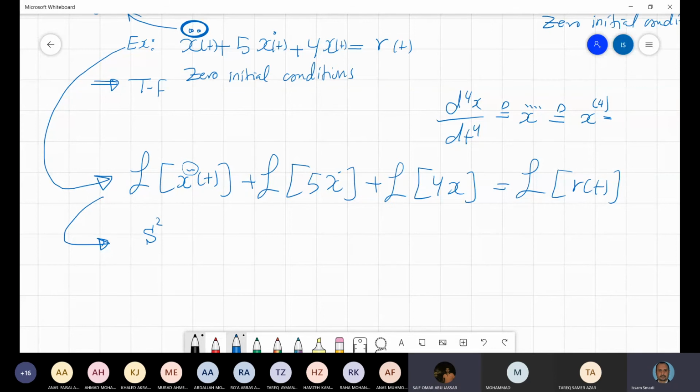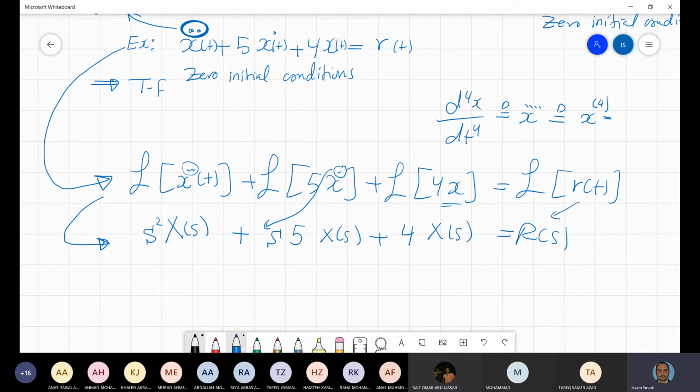S squared X of S, X capital of S. Plus, the second one is the first derivative, so this would be S, then 5 S X of S. Plus 4 X of S equals R of S.